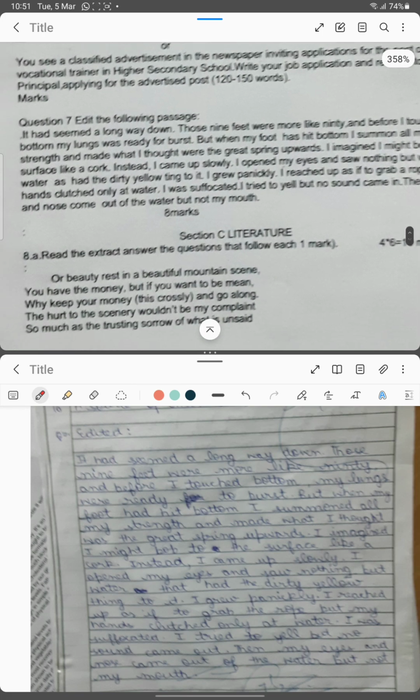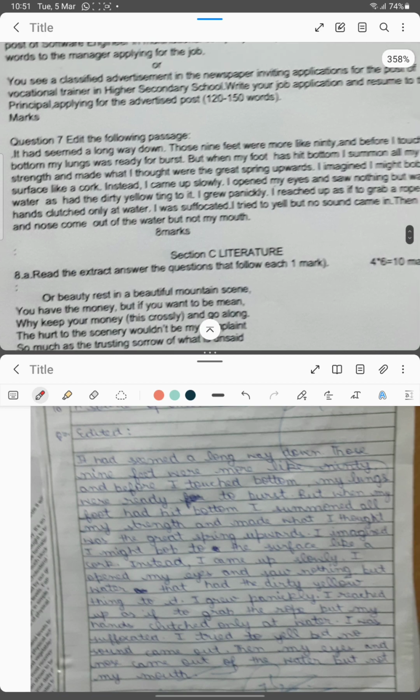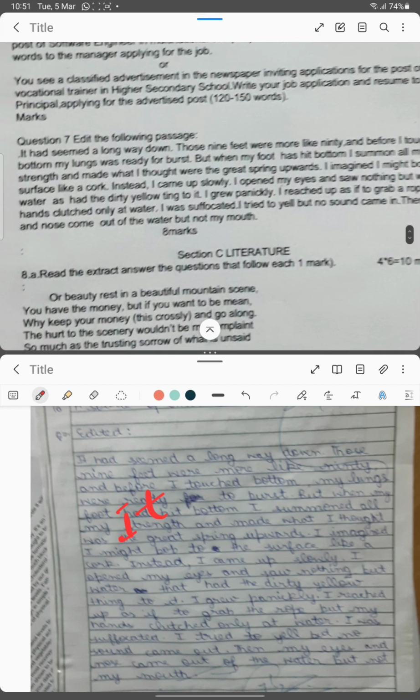Yes, this is the passage for editing. It had seemed a long way on. It का I जो है start में ही small लिखा है, ठीक है? It is to be written capital. It had seemed a long way down. Those 9 feet were more like 90, and before I touched bottom, my lungs were ready to burst. Deep water में से है.